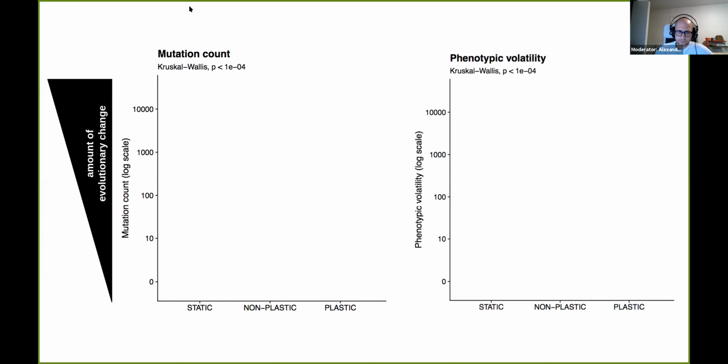In these graphs, I'm going to show you mutation accumulation on the left, phenotypic changes on the right. On the y-axis for both graphs, as you go up, we're increasing the amount of evolutionary change, and the static treatment's on the left, non-plastic treatment is in the middle, and plastic is on the right.